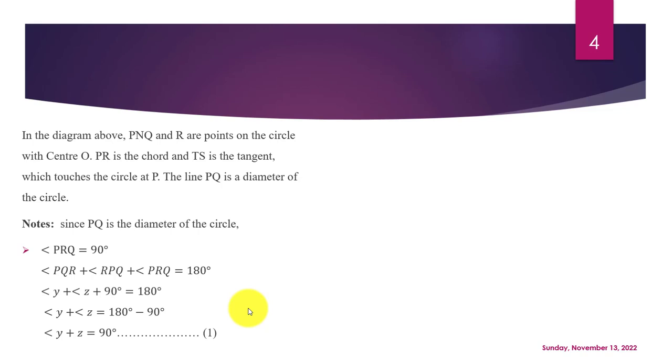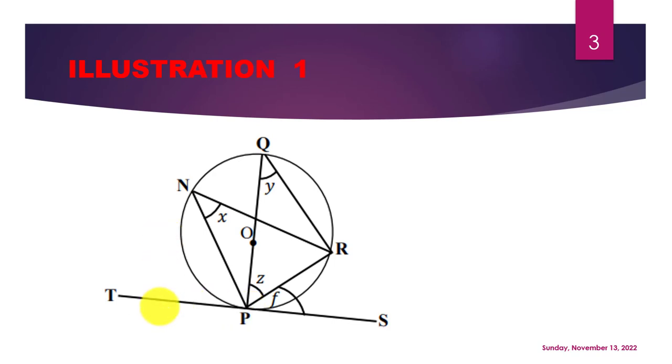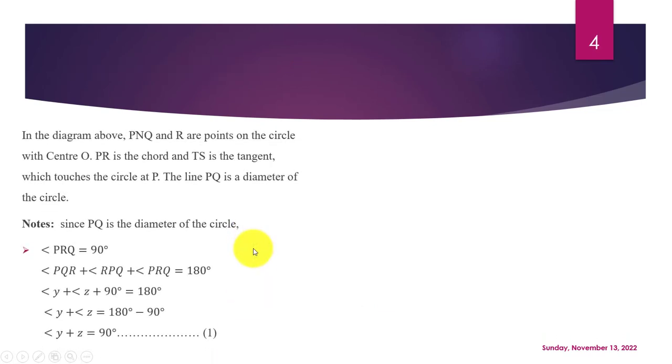The line PQ is a diameter. When you go back to the diagram, you can see the line PQ. PQ is a diameter because it passes through the center of the circle.